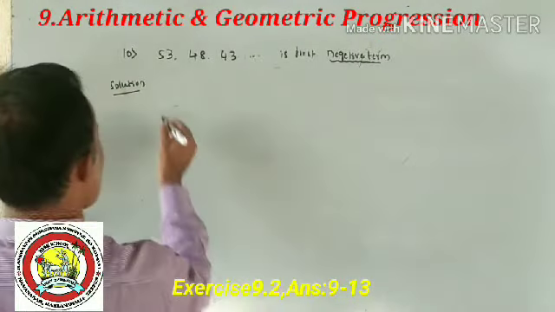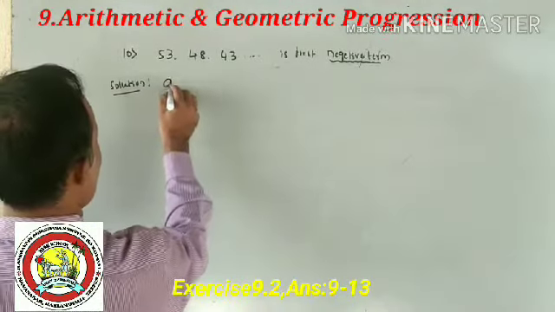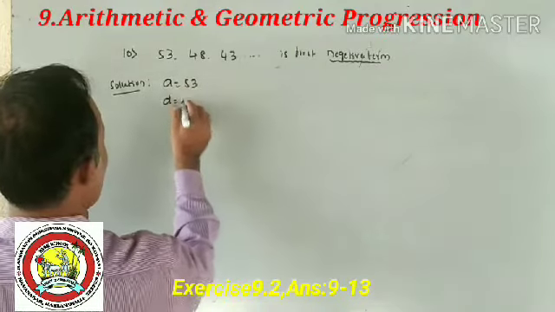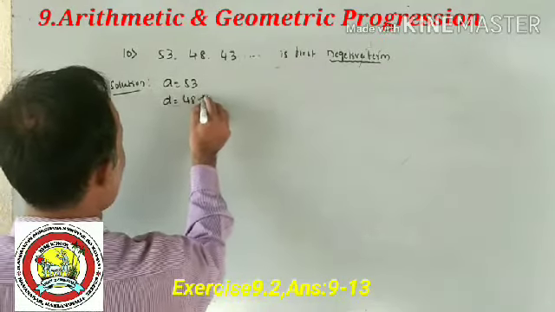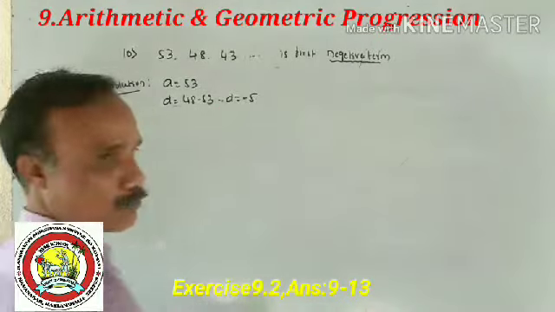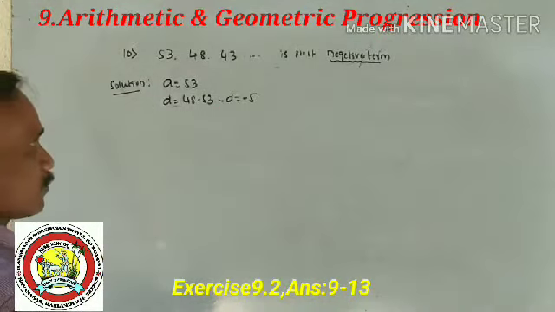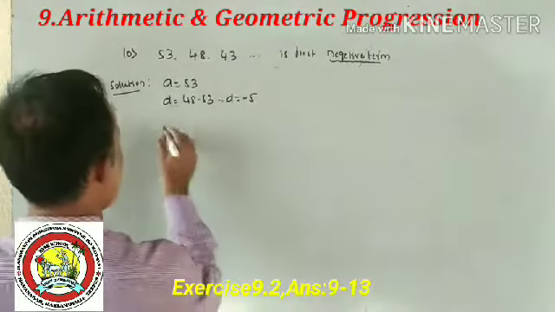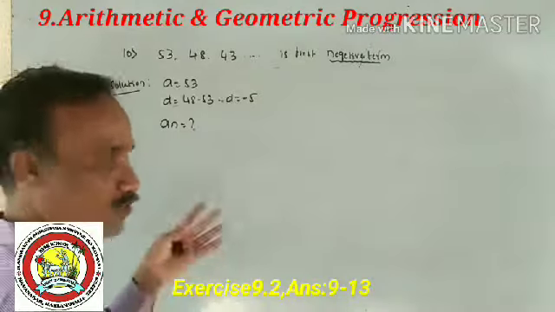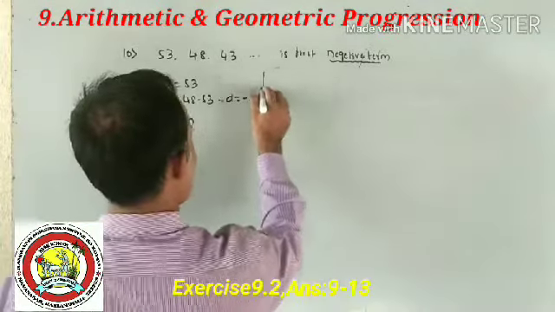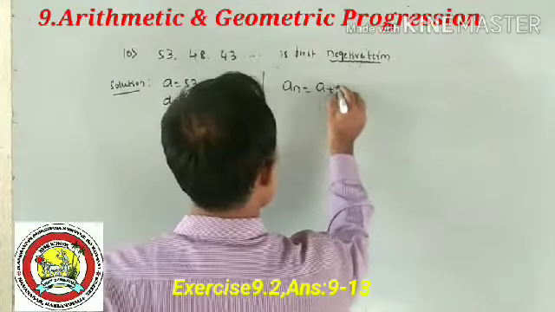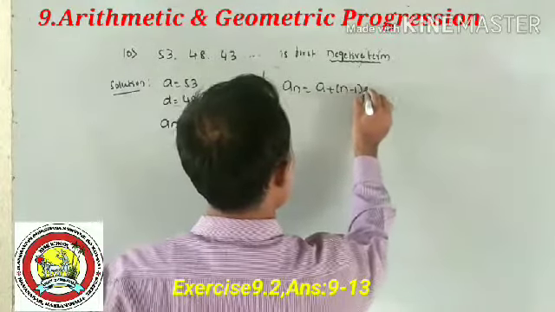So the procedure is, as usual, the value of a is equal to 53. The value of d is equal to 48 minus 53. Therefore, the value of d is equal to minus 5. The question is first negative term. You have to calculate first a n. N we don't know, n we should find. As the formula, a n is equal to a plus (n minus 1) into d.